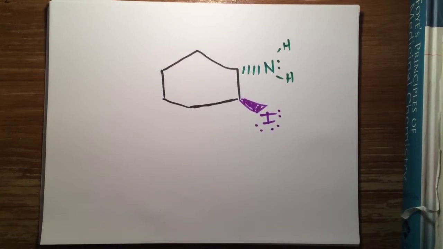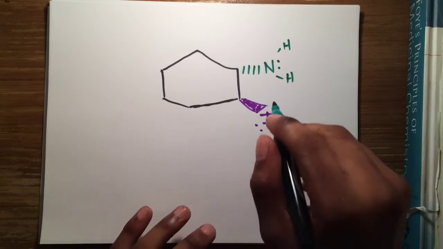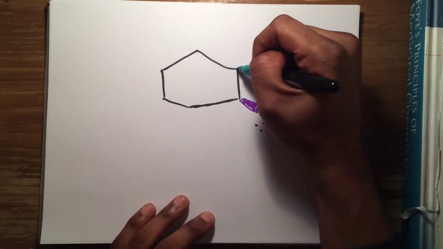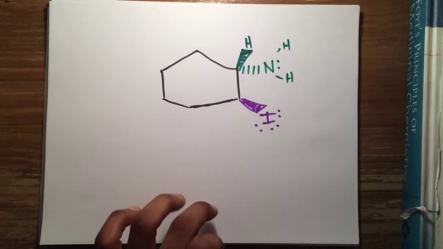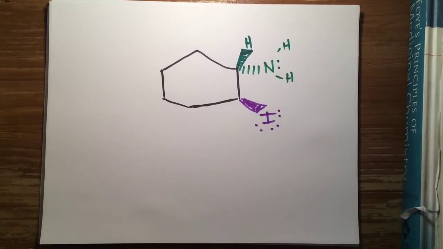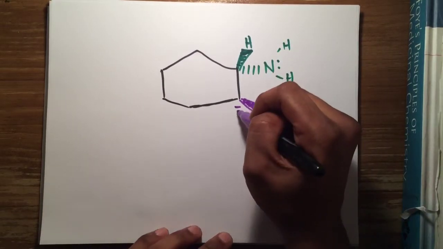And of course, we have two more things here, and we're just going to keep these things in black. Well, we'll make them the same color. There is a hydrogen right here, and there is another hydrogen. That hydrogen is right here.